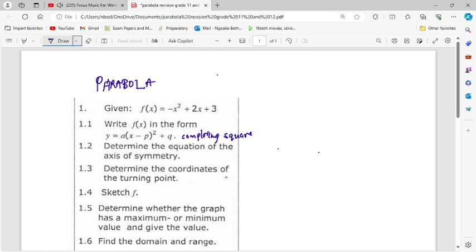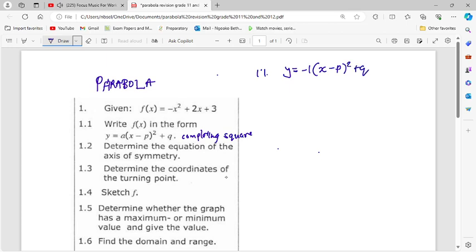Alright, now you can check here that the value of a in this case is going to be minus 1. So meaning that we can write, in 1.1, the first part, y equals minus 1 into (x minus p) all squared plus q.